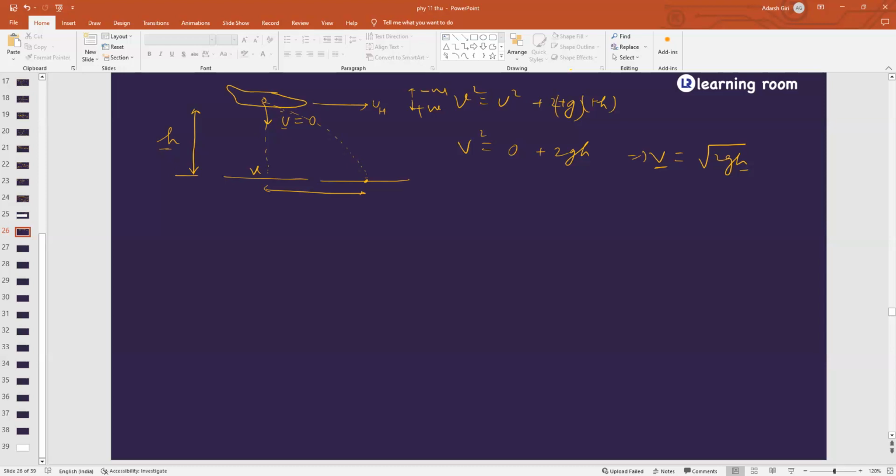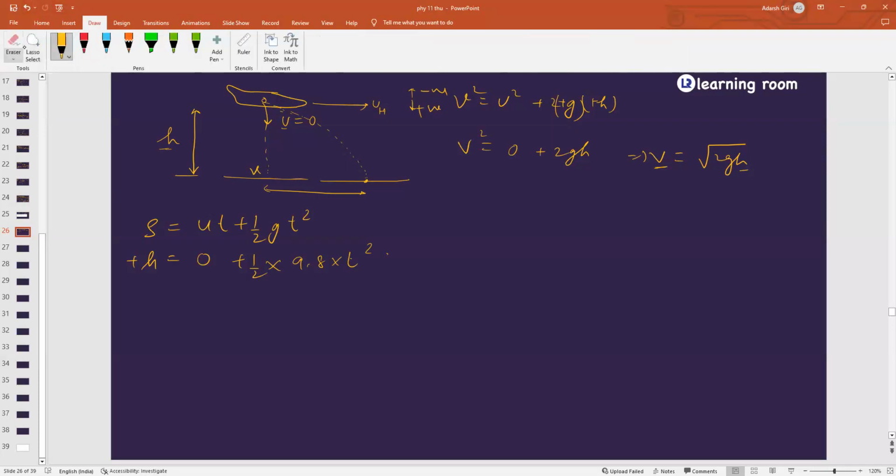Or the other way, we can use s is equal to ut plus half at square, half gt square. We are considering the downward direction as positive, so h is positive, u is 0 plus half into g, that is 9.8, and t square that we don't know. We don't need to go through this; we can directly solve this out. See here: v is equal to u plus gt, everything in the downward direction.